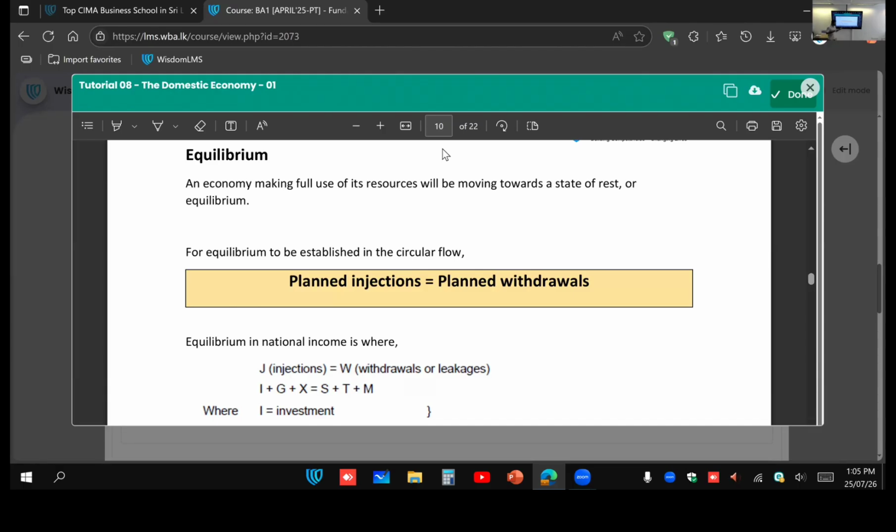For that to happen, I clearly explained that all these 6 factors should nullify. So withdrawals should be equal to injections if that is to be in equilibrium.